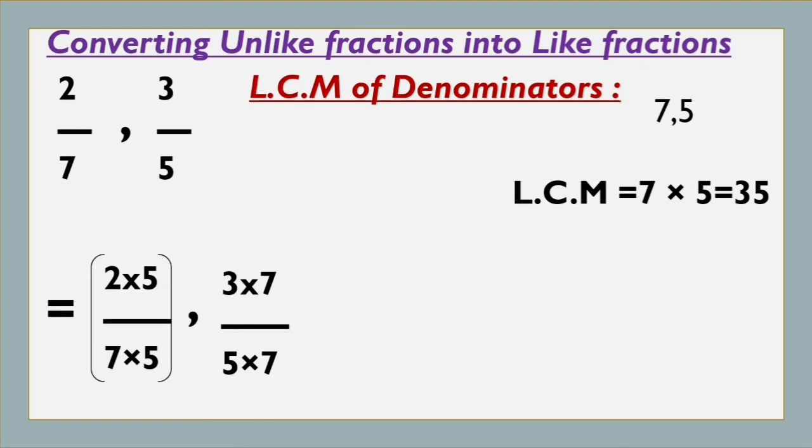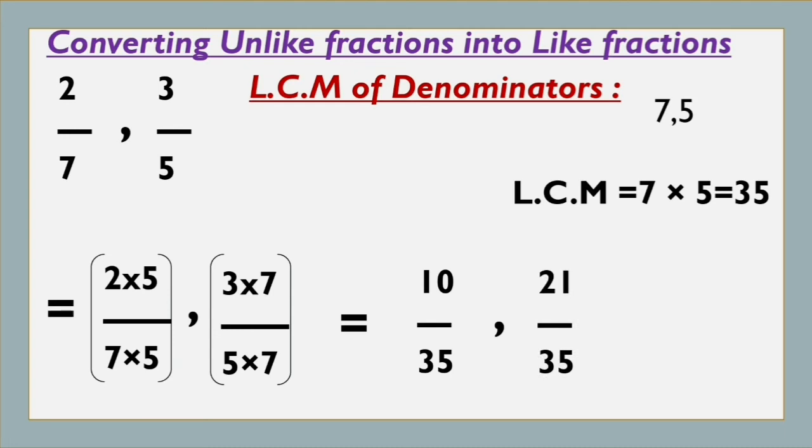Then I get 3 into 7 by 5 into 7, which is equal to 2 5s are 10 by 7 5s are 35. First one is 10 by 35. Second one is 3 7s are 21, 5 7s are 35. So that means, observe here, instead of 2 by 7, we have to write 10 by 35.